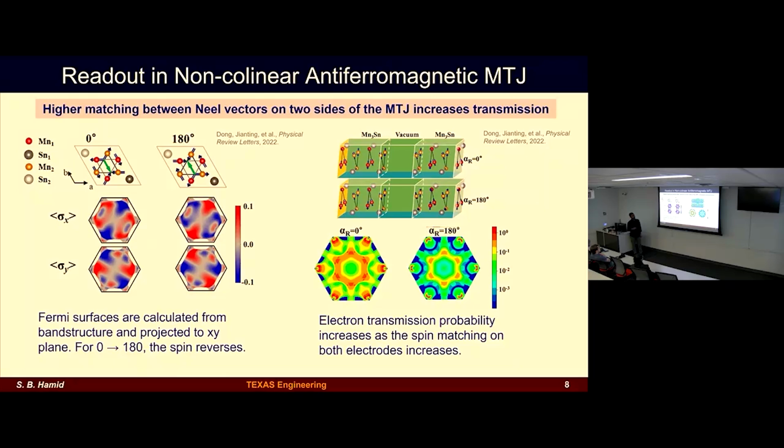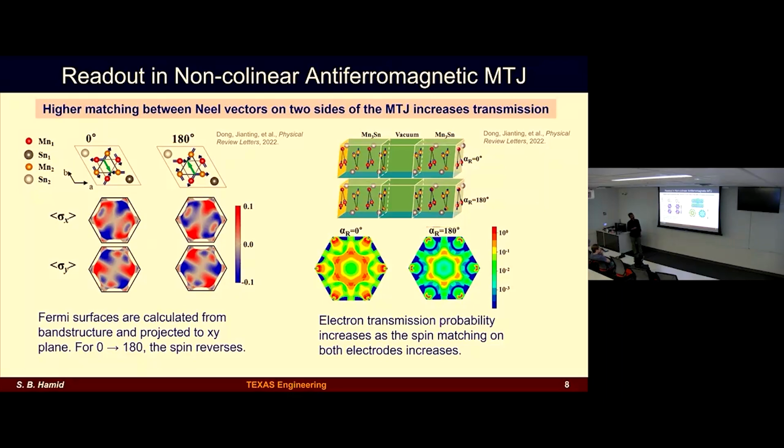So if you were to now calculate the transmission probability of an electron tunneling from this side to that side, you would see that the transmission is maximum when the two Néel states on the two sides completely align with each other. And when they're completely misaligned, the transmission is low, as illustrated by this figure.